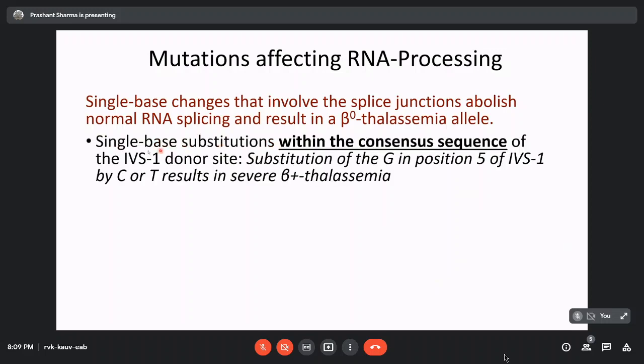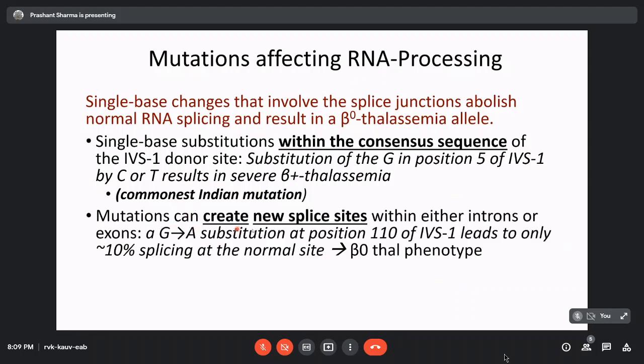So, single base substitution within the consensus sequence that we just saw of the intervening sequence 1 donor site, which means intron 1. This is a common event, the substitution of G in position 5 with another nucleotide. This results in a severe beta plus thalassemia, and in fact, this is the commonest Indian mutation, the IVS 1-5.